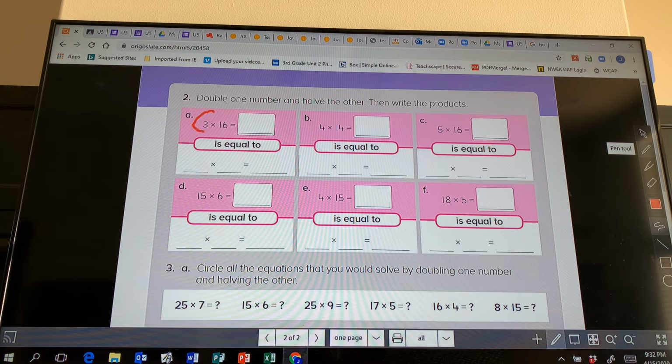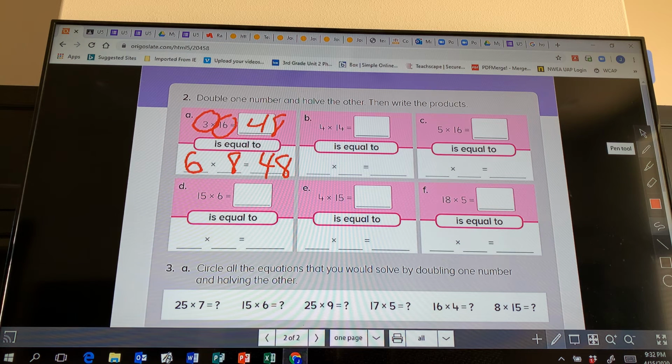If we were to double 3, double 3 would make that 6, correct? And if we were to half 16, that would be 8. So 6 times 8 is a fact that your child should have already practiced and memorized, which is 48, which has the same product as 3 times 16, which is 48.